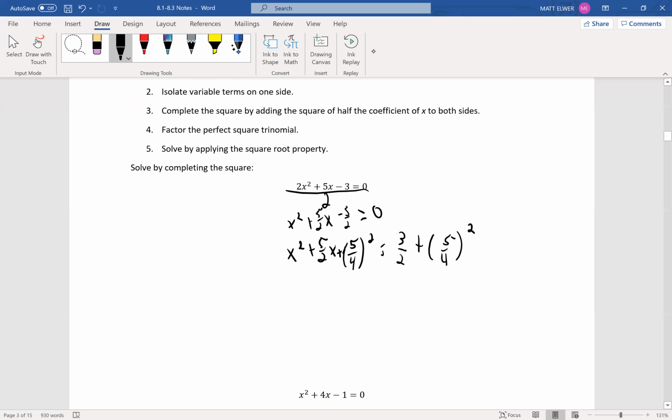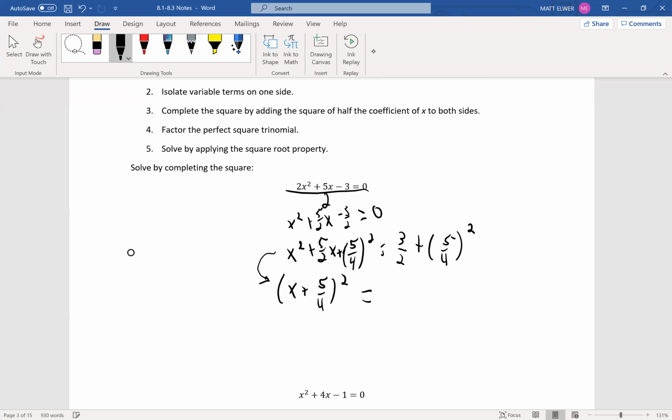And then notice I don't need to work out 5 over 4 squared on the left, because I know that on the left side I'm just going to factor this into x plus b over 2, which is the 5 over 4, squared. That's just what it factors into. Then I can add on the other side.